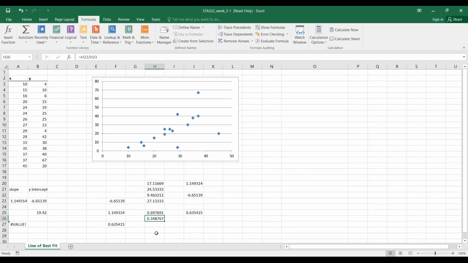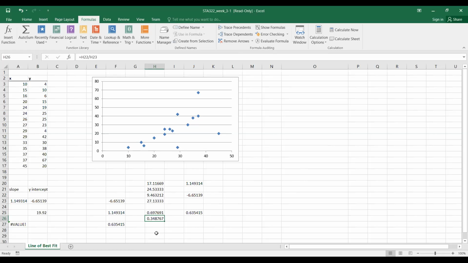So by comparing these coefficients of variation, we have another indicator of how spread out the data are. The coefficient of variation here tells us something we already know just from looking at the range. The range of Y is 4 to 67, or 63. The range of X is 10 to 45, or 35.